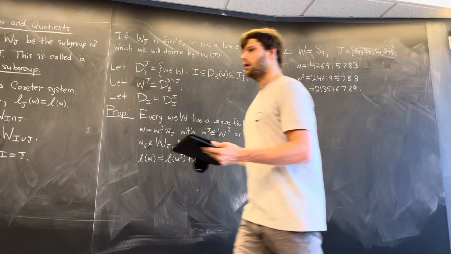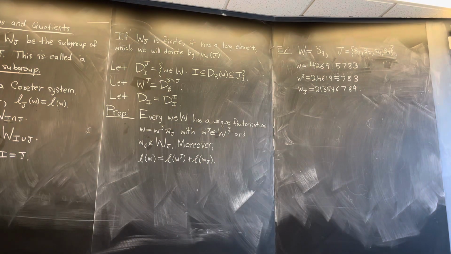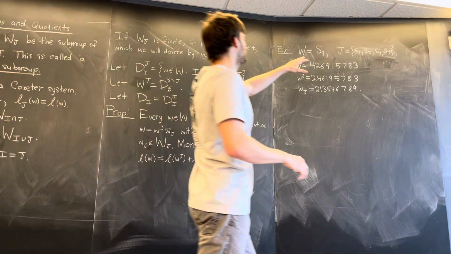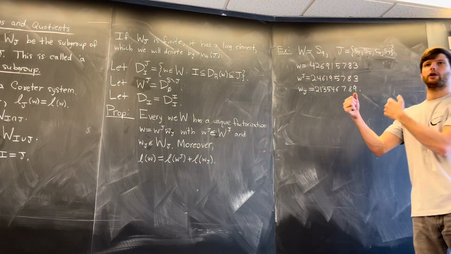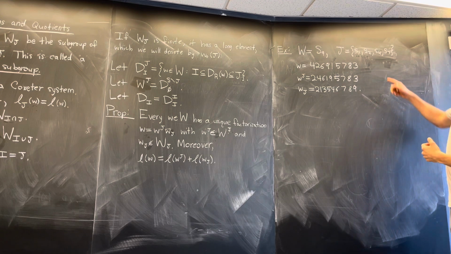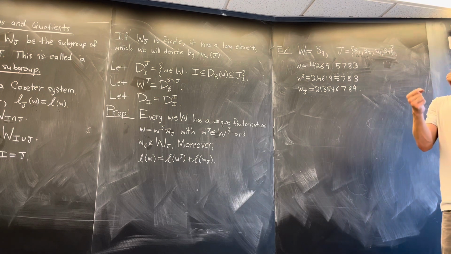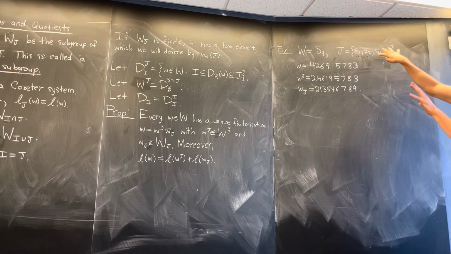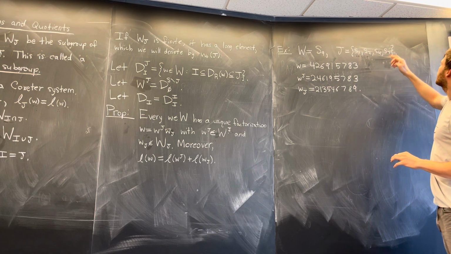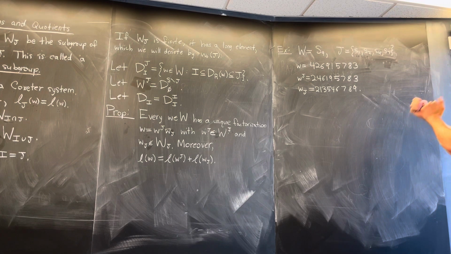Okay, so what's happening here is that the simple reflections in J, basically S1 and S2, allow you to permute the first three numbers. S4 allows you to swap the fourth number and the fifth number, if you were to multiply on the right by these. And S7 allows you to swap the seventh and the eighth numbers.